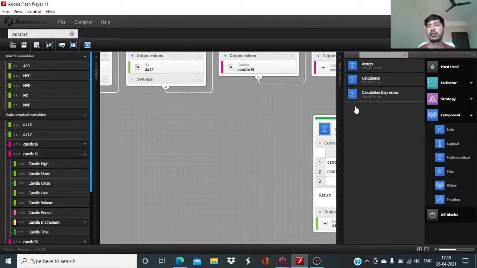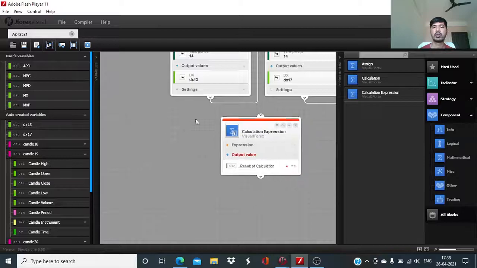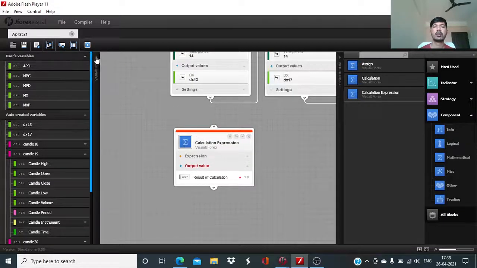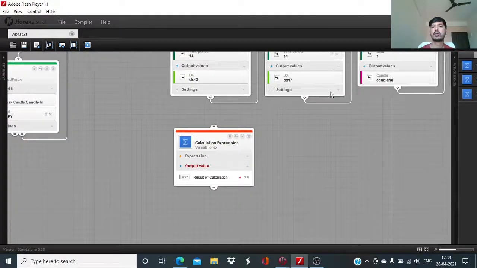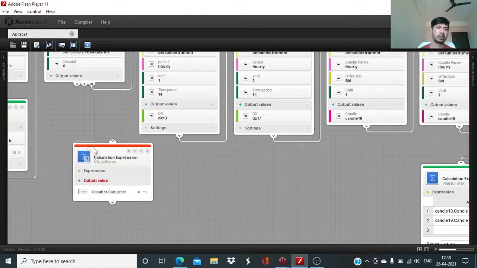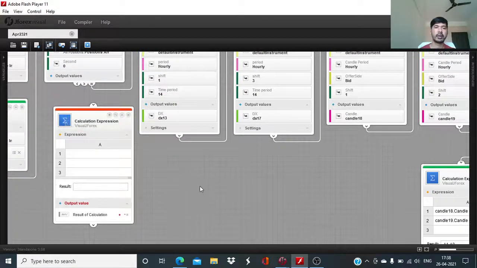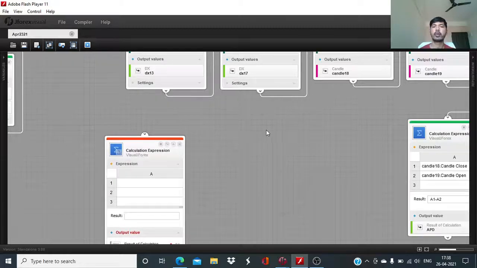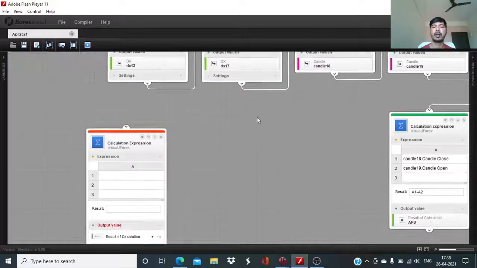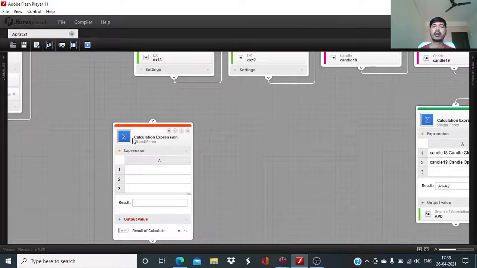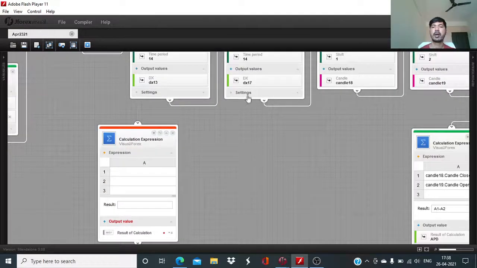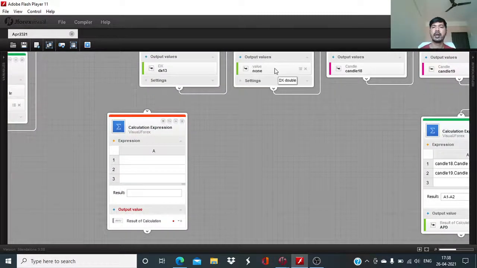Okay, now we will need one more calculation expression block. And in this case, as I said, we are going to compare DX13 and DX17, and for that I will have to multiply DX17 by 2.